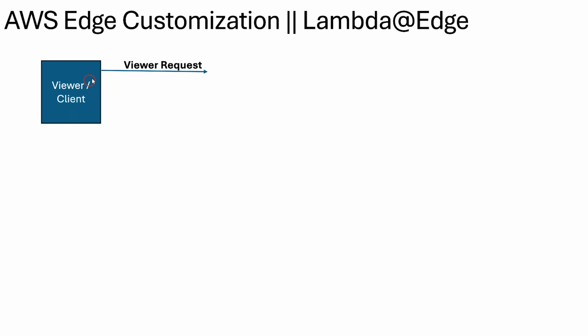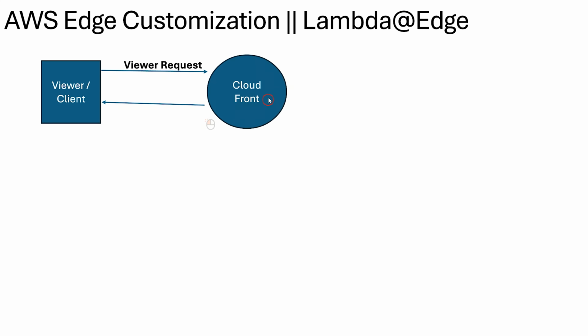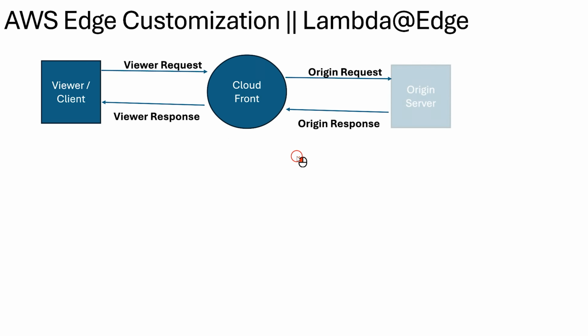The viewer will send a viewer request to CloudFront, and after that CloudFront will send an origin request to the origin server, and from the origin server we get the origin response. CloudFront gets the origin response and sends the viewer response to the client or viewer. Okay, this is the previous picture only.